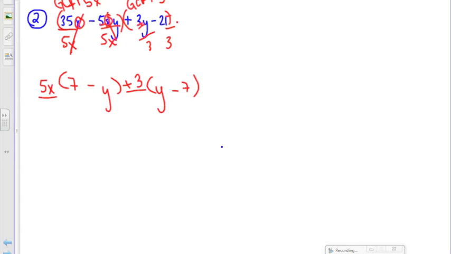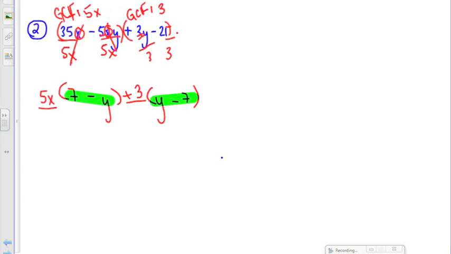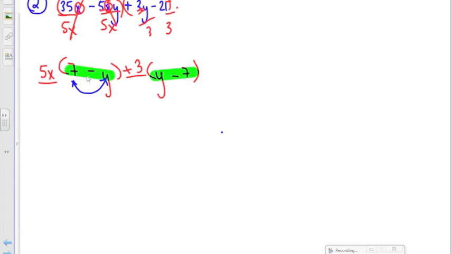Now we check to make sure our parentheses are the same. So I have 7 minus y and y minus 7. Well, they're almost the same. Their order's wrong. We need y in front on this one, so we need to change their order. But also, this 7's positive and this 7's negative, and this y's negative and this y's positive.